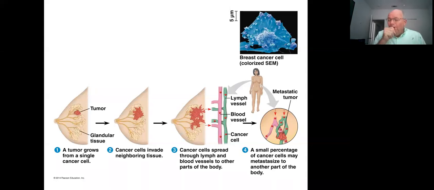But by the same token, if you do have a tumor, if you find it early, you can have surgery to remove it. And again, it's taken care of right there and then.